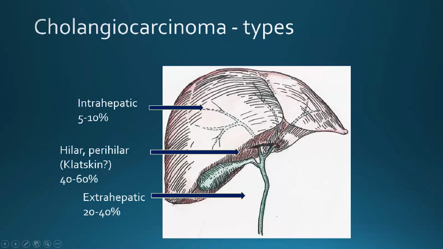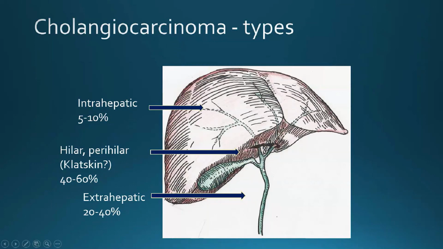By this, I mean intrahepatic ones are in the periphery of the biliary system, and they are not as common as the other two. 5 to 10% of cases are intrahepatic.